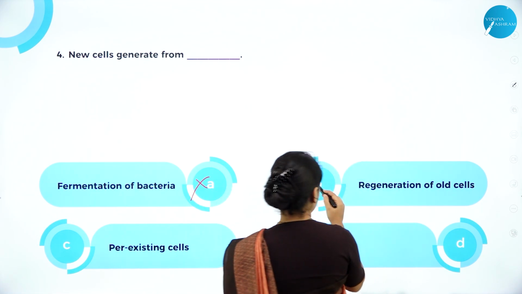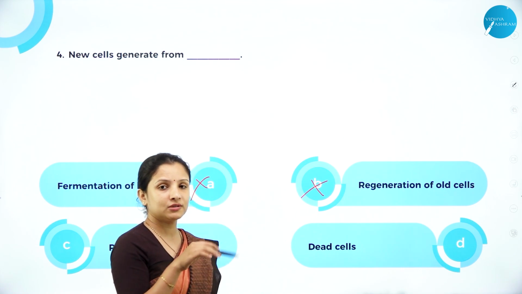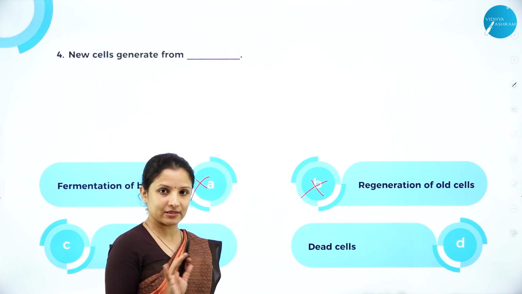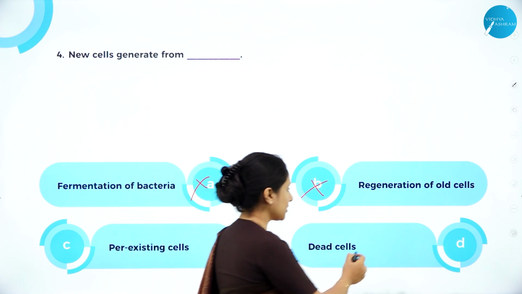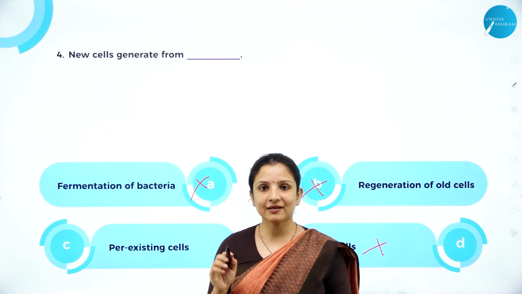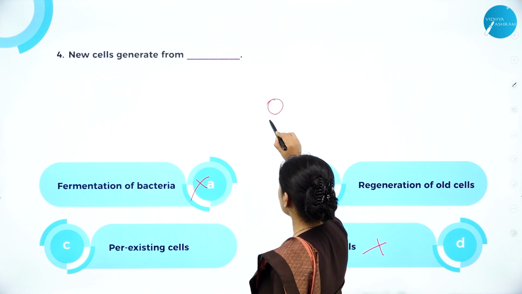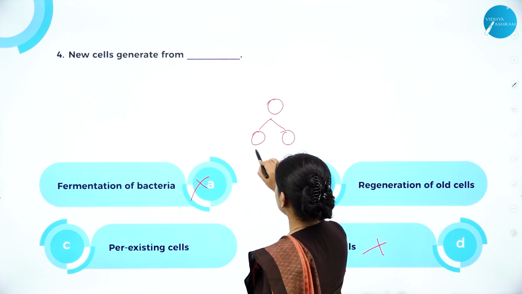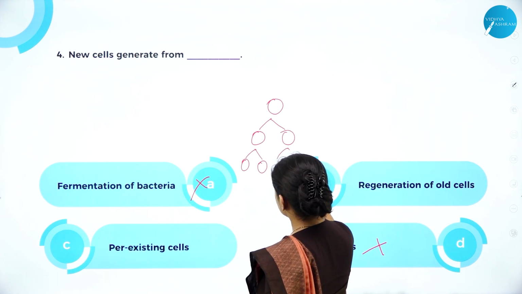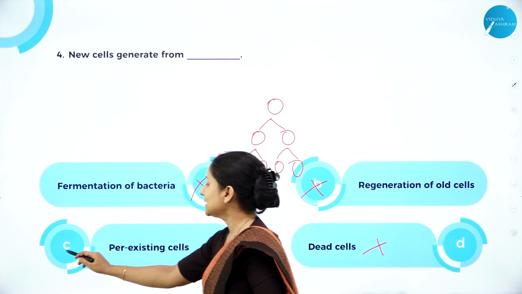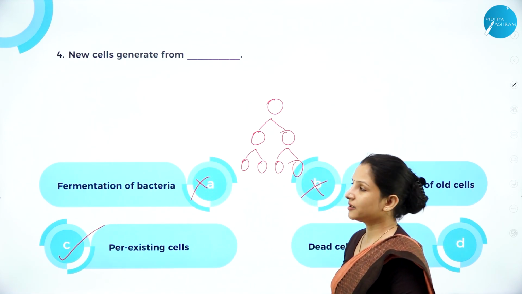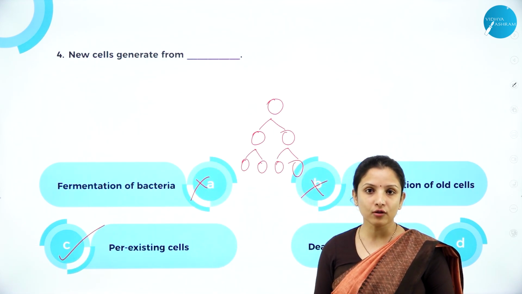They do not regenerate from old cells, and they do not come from dead cells either. They come from pre-existing cells, wherein the division of those pre-existing cells takes place. So that is how they are formed. So option C is the right answer here, and the statement was given by Rudolf Virchow.